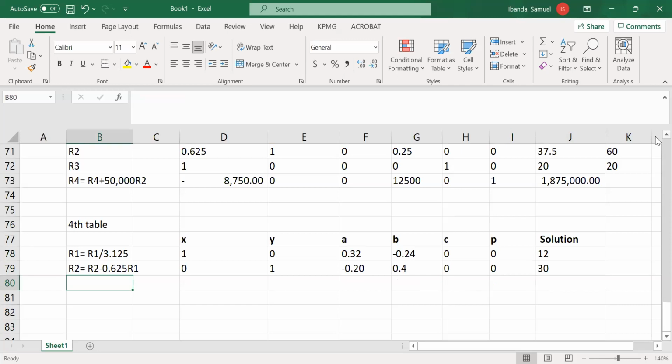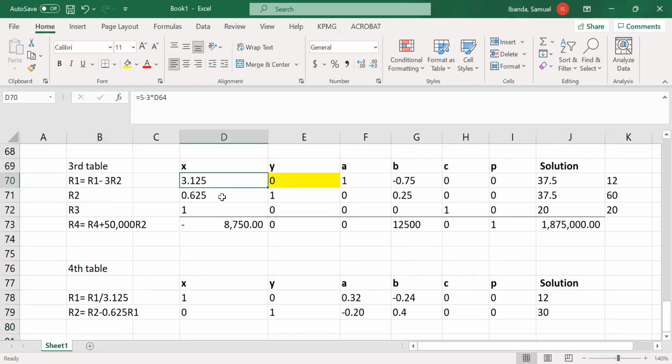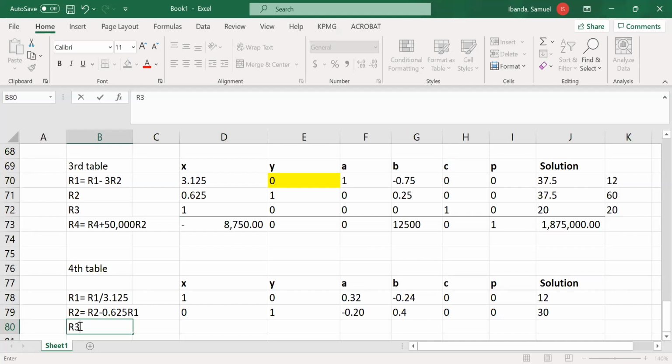Now I have been able to get, this is 1, this is 0. This also has to become 0. That one also has to become 0. So how does R3 become 0? R3 will still be equal to the old R3. So R3, which is existing, minus 1 times R1.